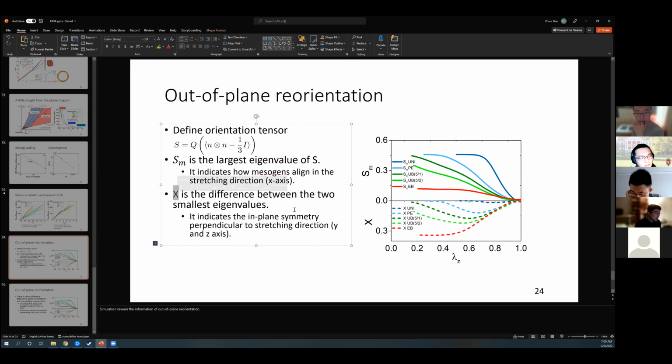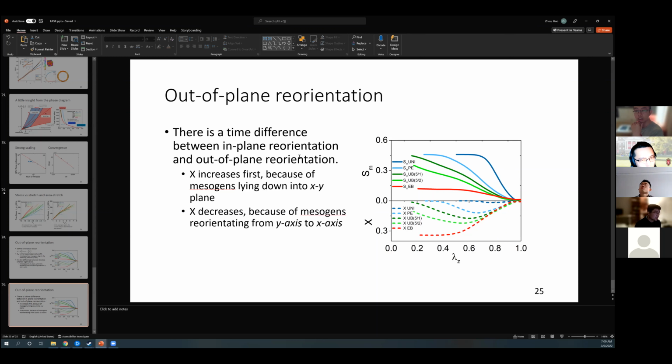And because it is a difference, if we look at the figure, we would see that it first increases and then decreases. What it means is that it first does the reorientation in the out of plane mode, so that basically all the molecules are lying down into the plane, so that the z direction eigenvalue is decreasing very fast, so that the x is increasing, so the difference between y and z is increasing.